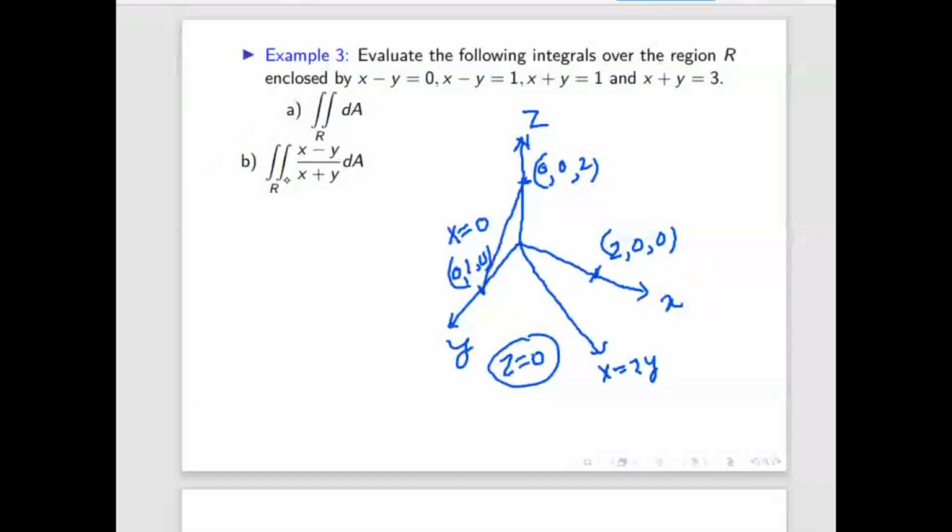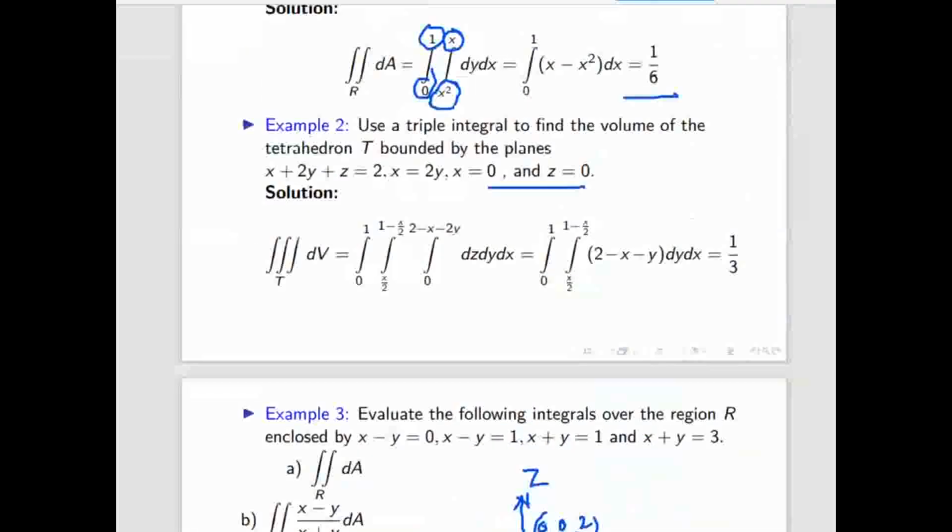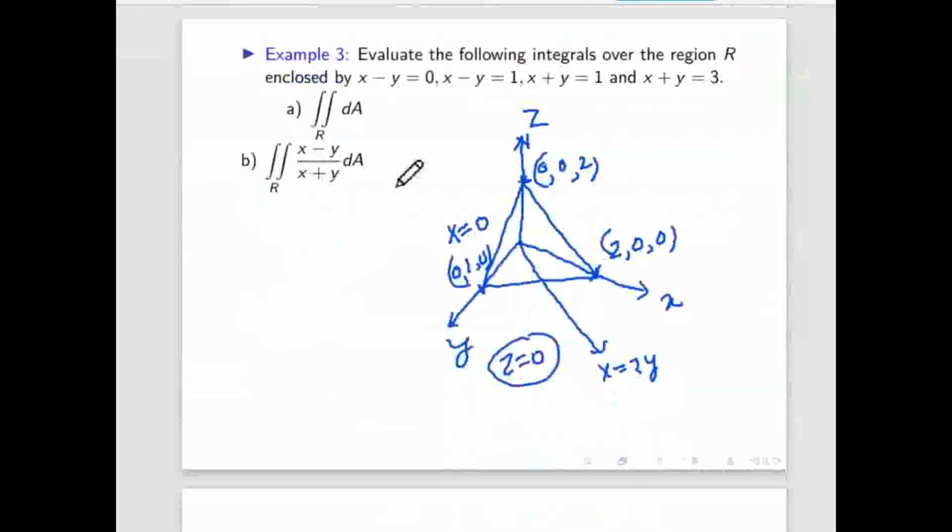So this whole one is the plane x plus 2y plus z equal to 2, right? So now what is the region?